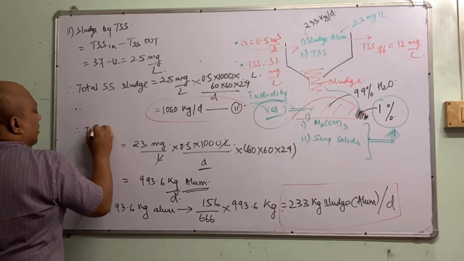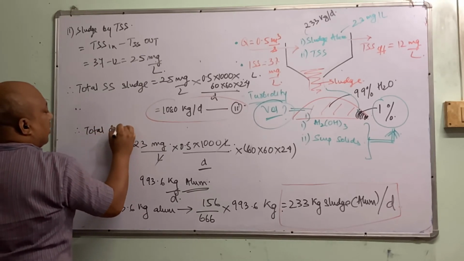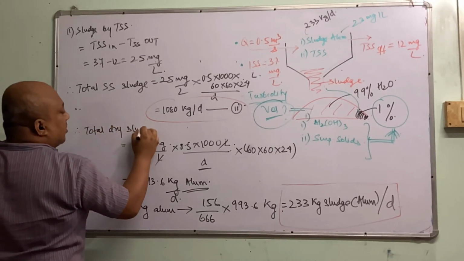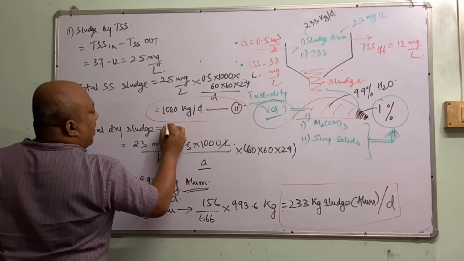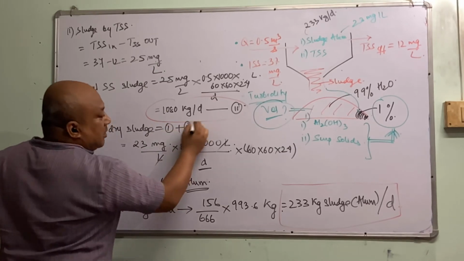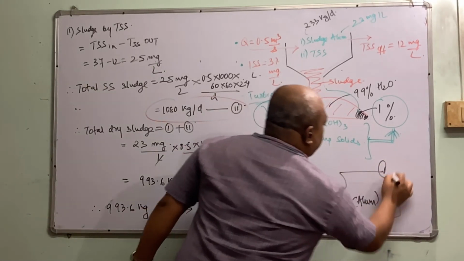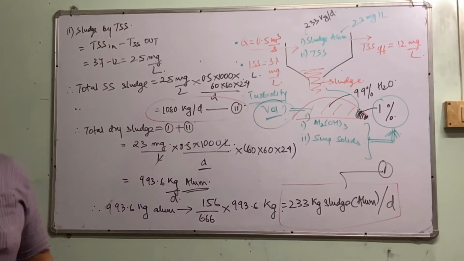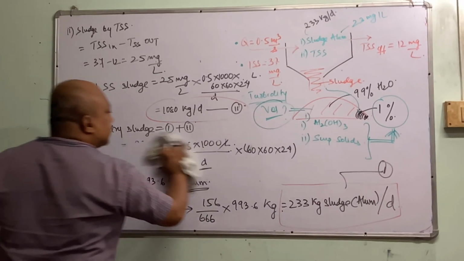Therefore, total dry sludge is equal to 1 plus 2.